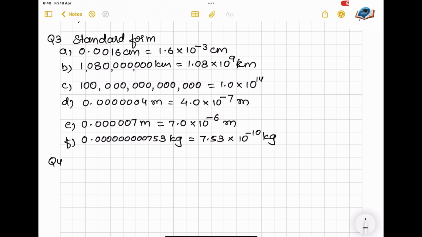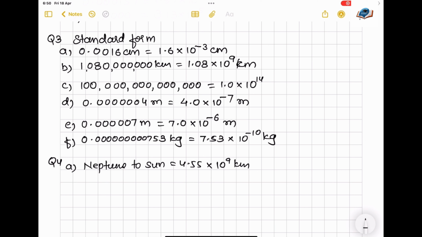Then question 4 is compare the following. The distance of Neptune to the Sun, Neptune to Sun is 4.55 into 10 raised to 9 kilometer.